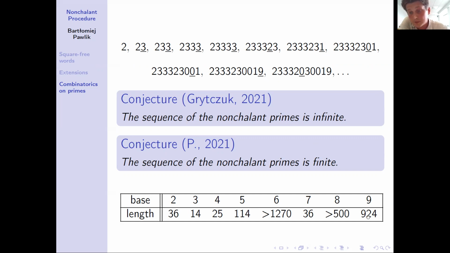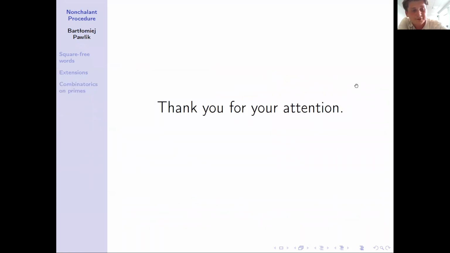So maybe it is not true. If we talk about this original sequence, then we have certainty for the first 24 terms, I believe, and the bigger ones are just probable primes, but it seems feasible to work on that. And I think that's all for now. So thank you.